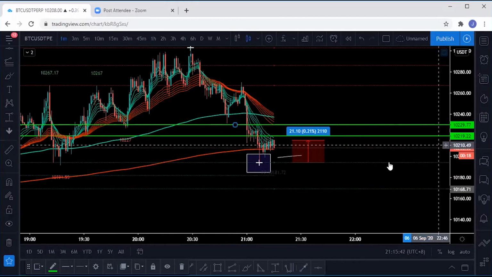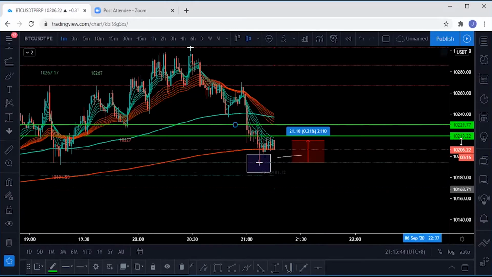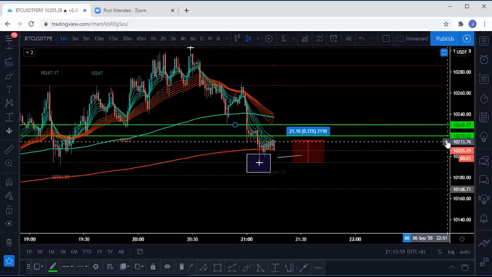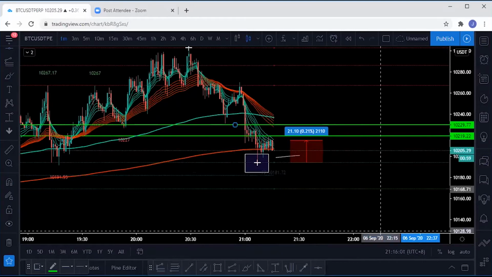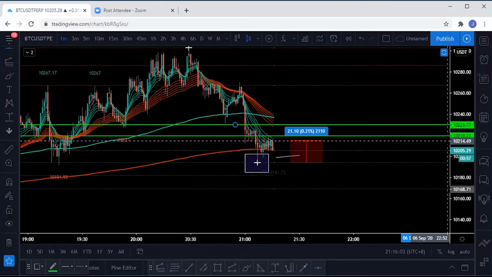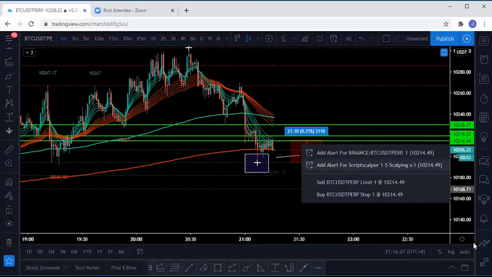In this scenario, our resistance is 10,219. So my sure exit is less 5 from our price. So 10,219 less 5, I will exit at 10,214. So 10,214, this one. This is the area. For example, I will exit there.